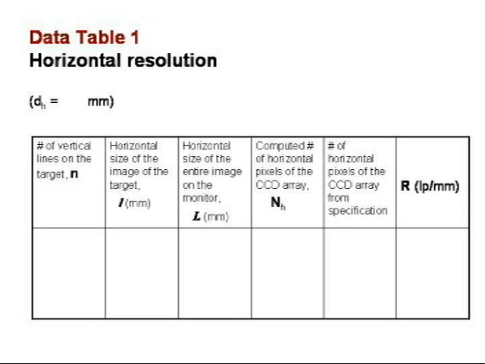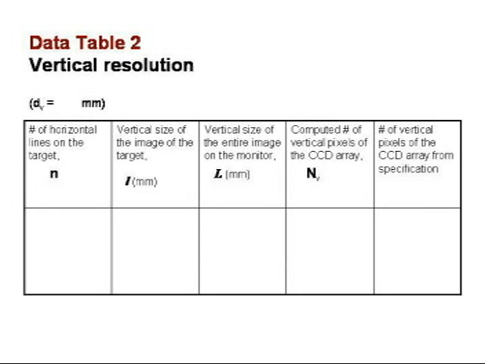And then for the vertical resolution, after you turned your target 90 degrees, you fill table 2. If you use the US Air Force target, because it has both vertically and horizontally oriented lines, you can fill both tables without rotation of the target. So that is your experiment.